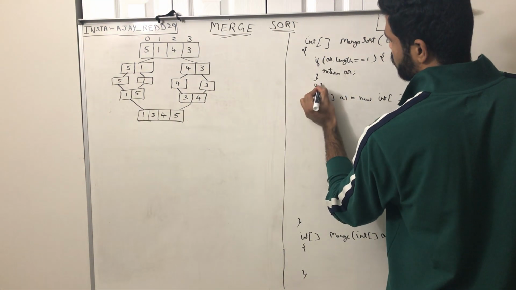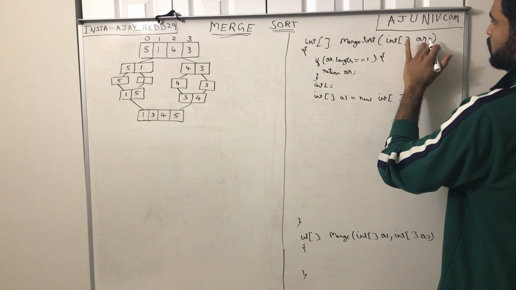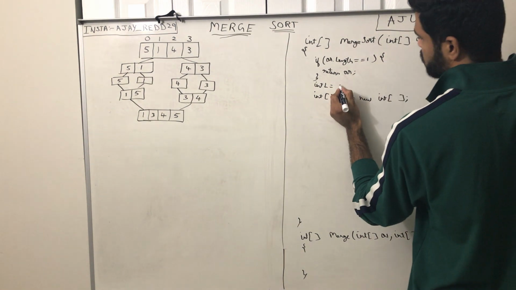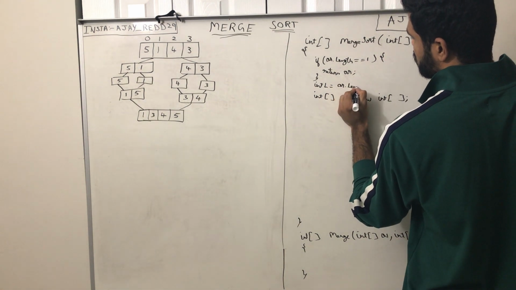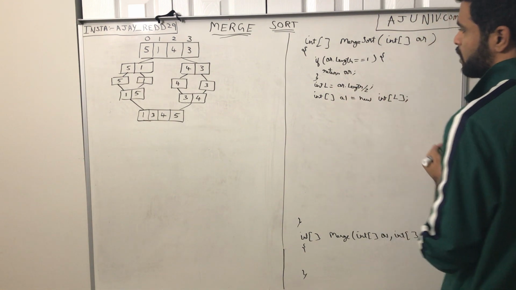I'll declare a variable for storing the length. The length of this array would be half of the length of this array, that is array dot length divided by 2. And this length would be L.